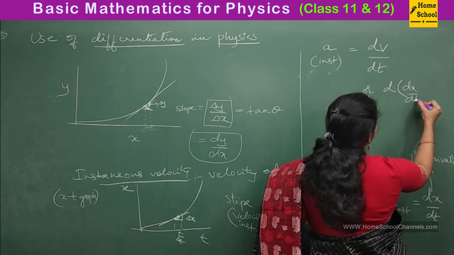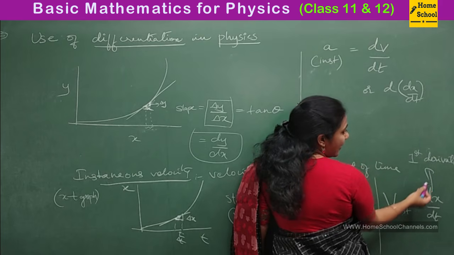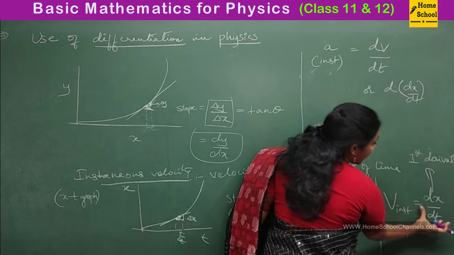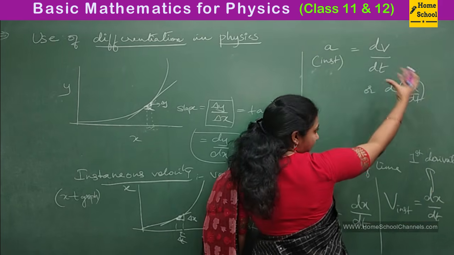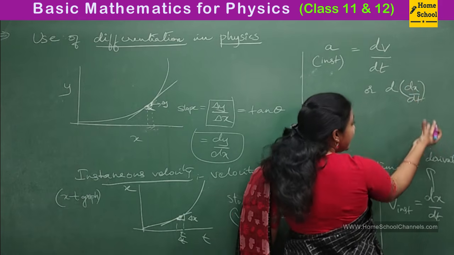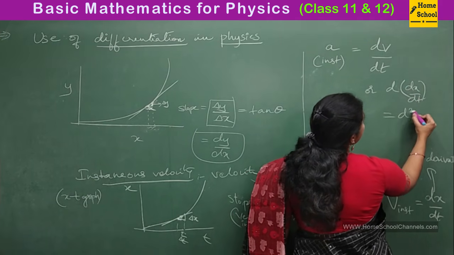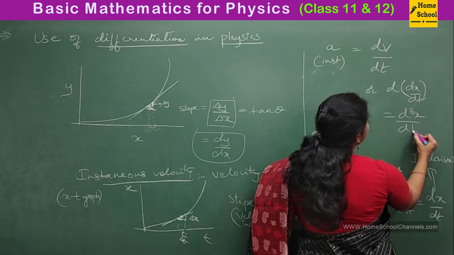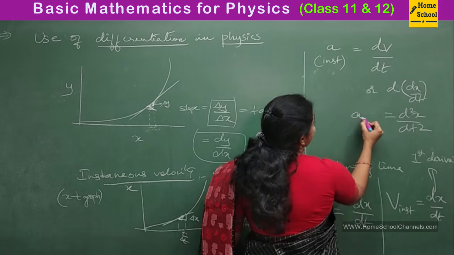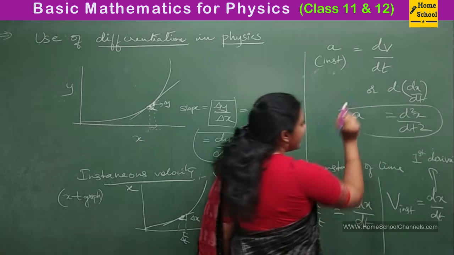See, this is the first derivative and this thing once again I am differentiating. So I am doing the second derivative. So this will be d square x by dt square.